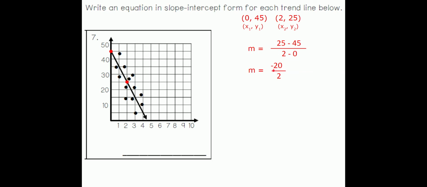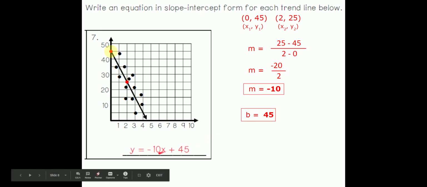Once I subtract that, I have negative 20 over 2, which is just negative 10. Our y-intercept is way up here, and that number is 45. So our equation should be y equals negative 10x plus 45.